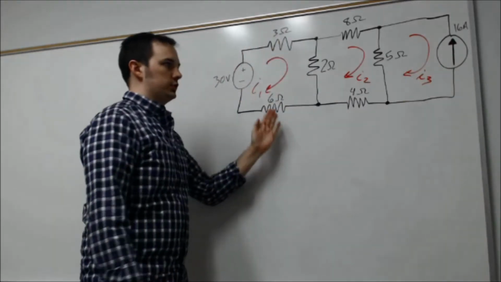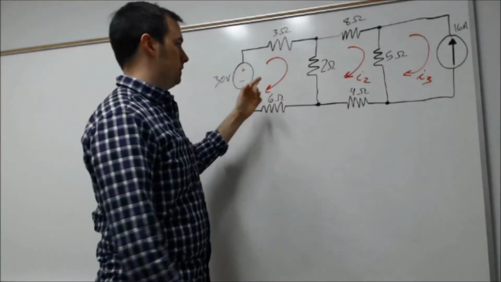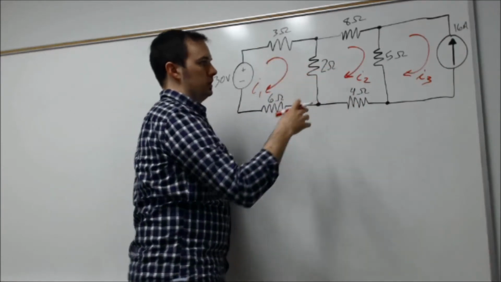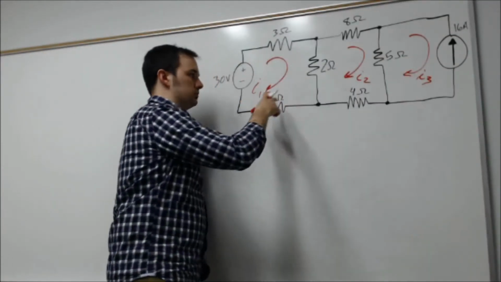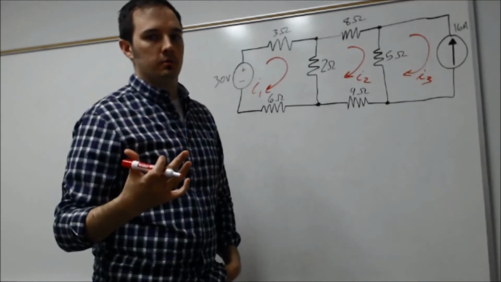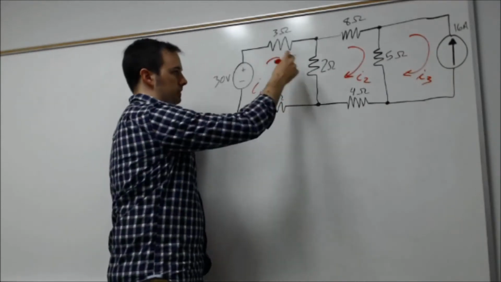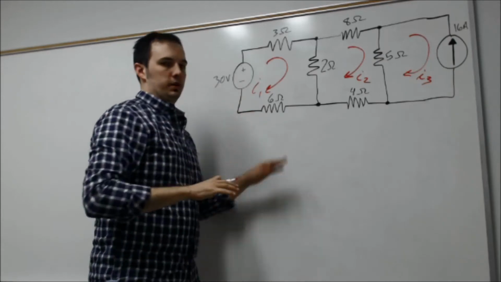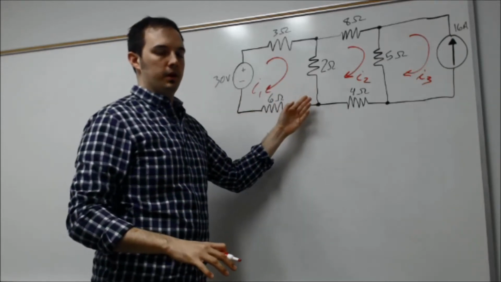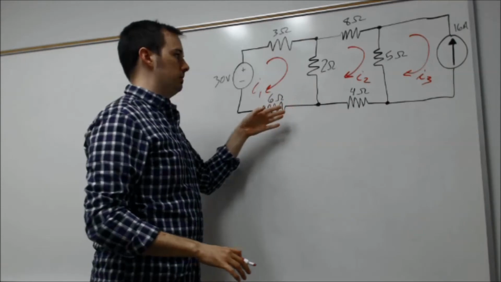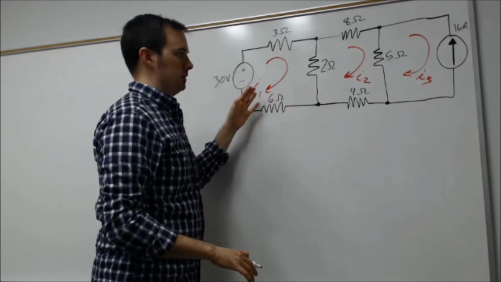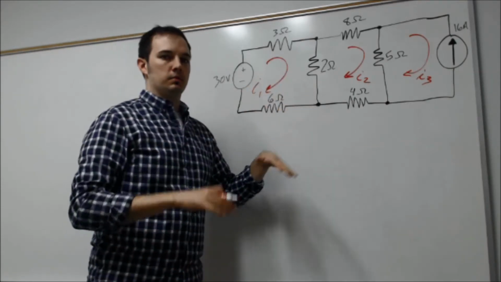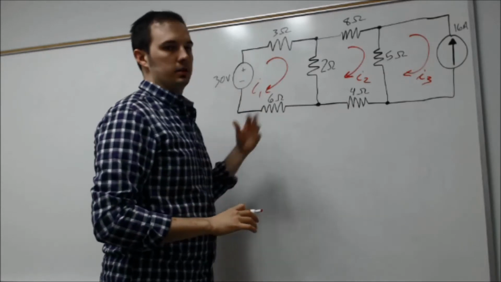The direction in which you define those currents looping in each of these loops doesn't really matter. Typically, I just write them all clockwise, and that's what most people like to do. But it would make no difference if I made those counterclockwise, as long as I follow the right conventions when I start going around each loop using the KVL method. In terms of our mesh currents, as long as we're consistent in the positives and negatives of each of the given currents, that'll be fine.